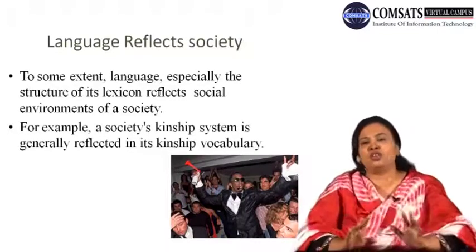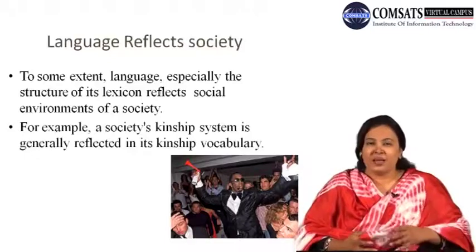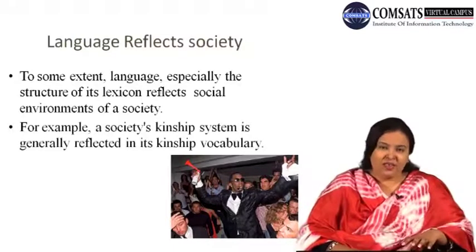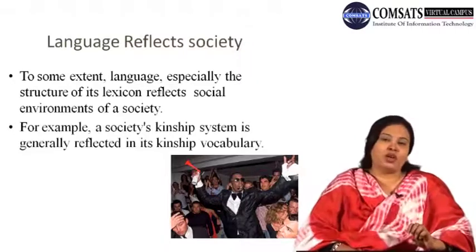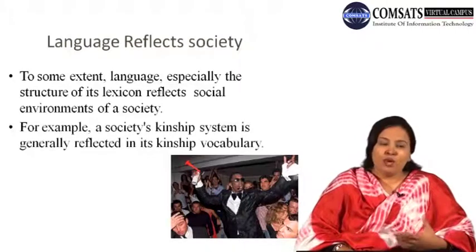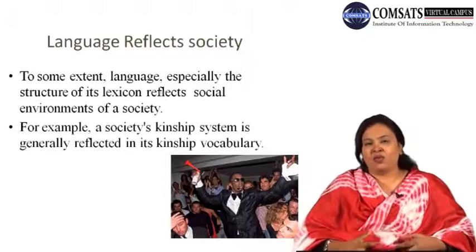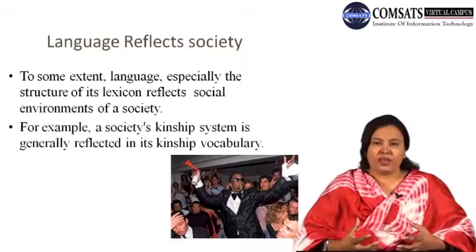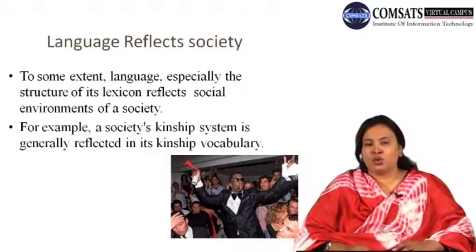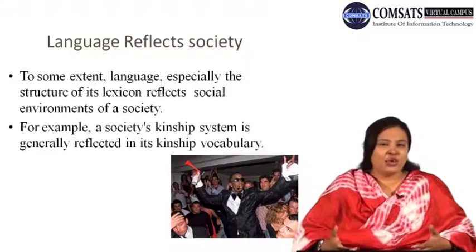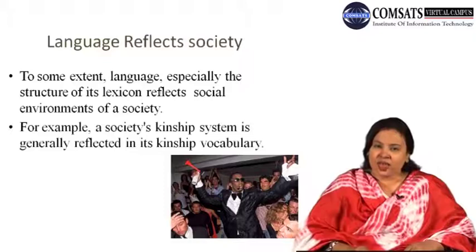We have a long list of words for showing kinship relationships. This reflects that in our society relationships are given very much importance. We have more value for these relationships, so our language is rich in kinship terms. So what this shows, again, is that language reflects society.